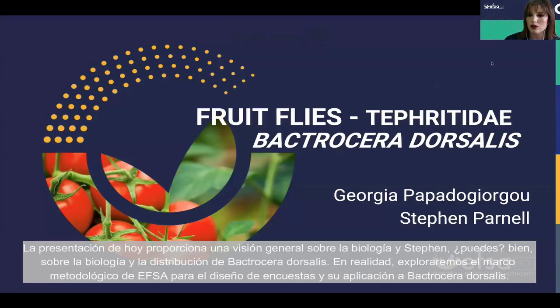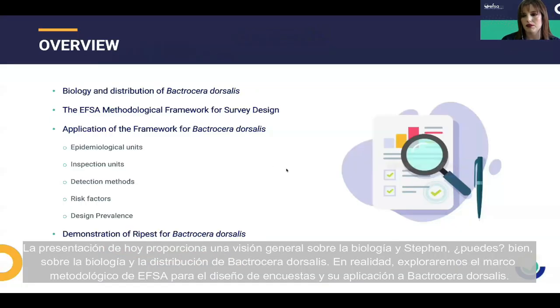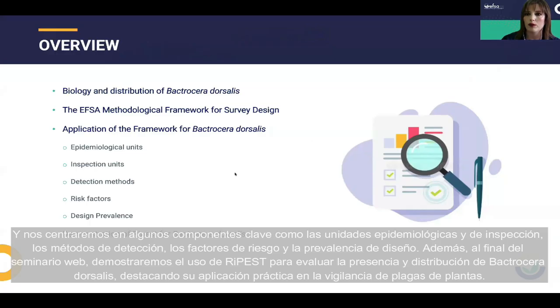Today's presentation provides an overview on the biology and the distribution of Bactrocera dorsalis. We will explore the EFSA methodological framework for survey design and its applications to Bactrocera dorsalis, and we will focus on some key components such as epidemiological and inspection units, detection methods, risk factors, and design prevalence.